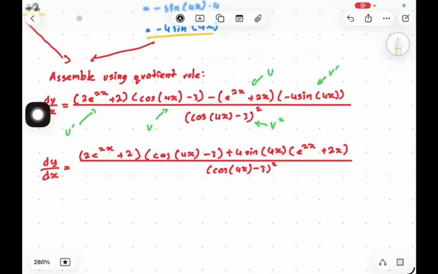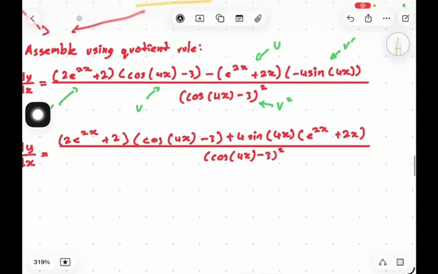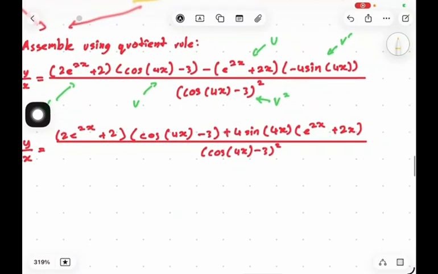Then we simplify the numerator to make it look neater: 2 e to the power of 2x plus 2 times cos(4x minus 3), plus 4 sin 4x times e to the power of 2x plus 2.